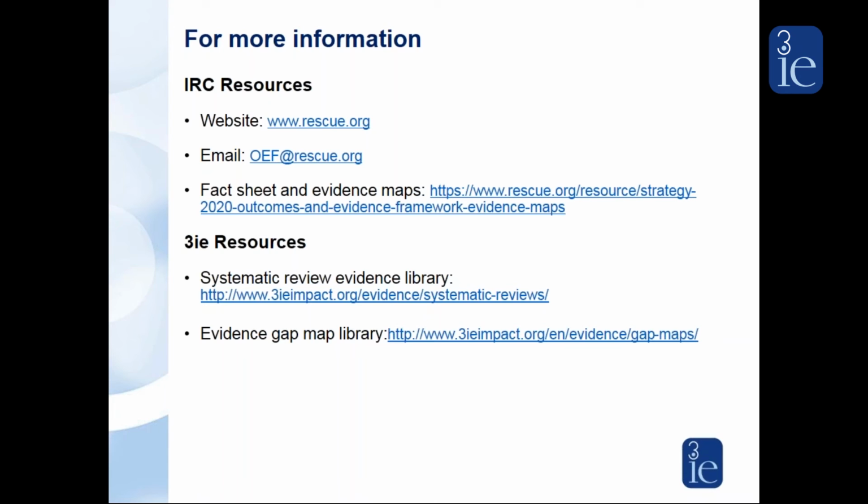Another example is where we're working with the Children's Investment Fund Foundation on land use change and forestry, and as part of that work we've done an evidence gap map. We have identified areas where there are quite a lot of impact evaluations but no recent high quality systematic review, and so in this case we will be commissioning a systematic review on the back of that.